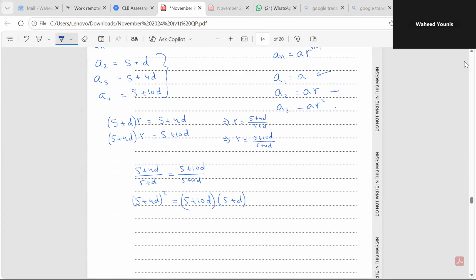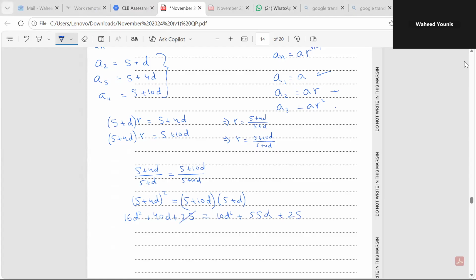Now we have a quadratic equation with one unknown, d, which we will solve. Opening the square, it's going to be 16d squared plus 40d plus 25. And the right side becomes 10d squared plus 50d plus 5d, which is 55d, plus 25.